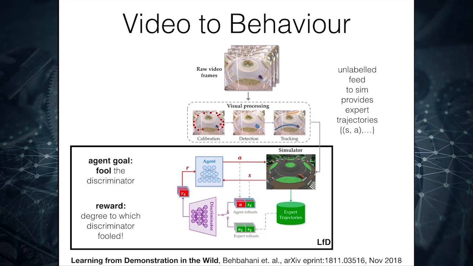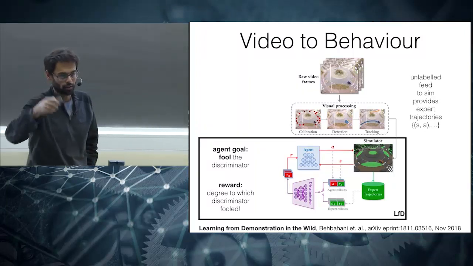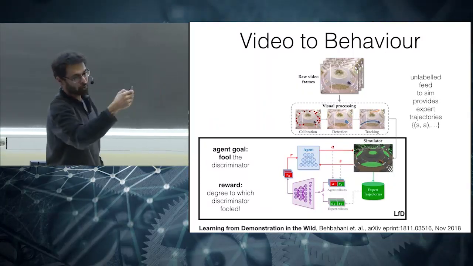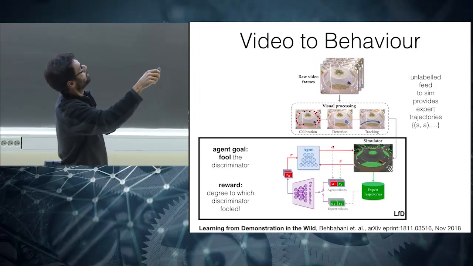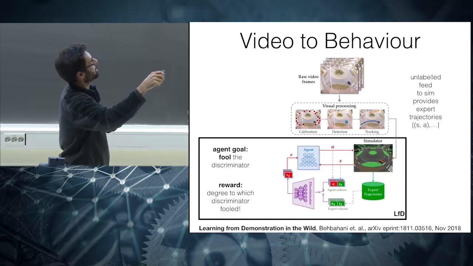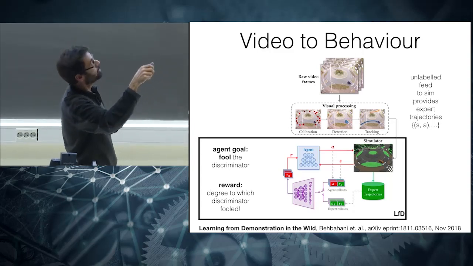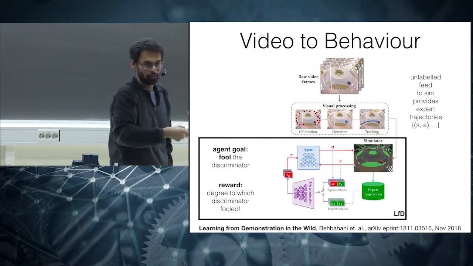It is processed in a series of steps, calibrated using Google Maps, and then some detection using Mask R-CNN, and then some tracking going on using another module. And once you get the tracks, then you can basically put those tracks inside a simulated version of this scene, and it's possible to simulate static images better than dynamics.